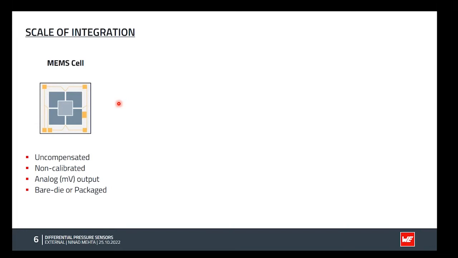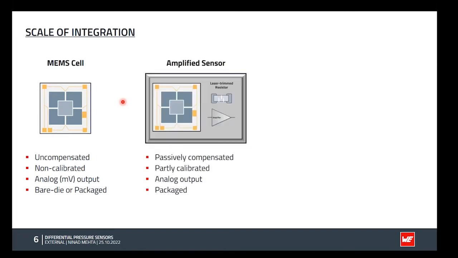This is available as a bare die or a packaged die, which you can use in your end applications. And if you want to connect it to a microcontroller, then you have to take care of designing an amplifier and also adding an ADC so that you have a digital signal. So these things then the end application needs to take care of.